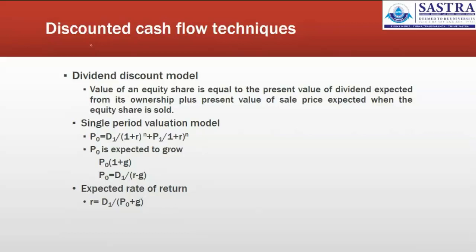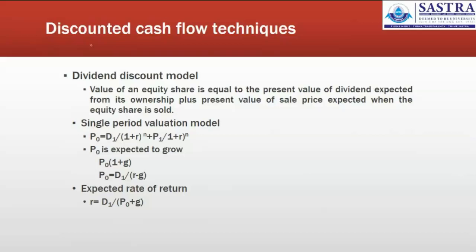It will be calculated on P1, the market price of the security at the end of the period. So it is also going to be discounted: 1 divided by 1 plus R to the power n. For the first year, N is equal to 1. N is the number of terms, the number of years for which we are doing the calculation.